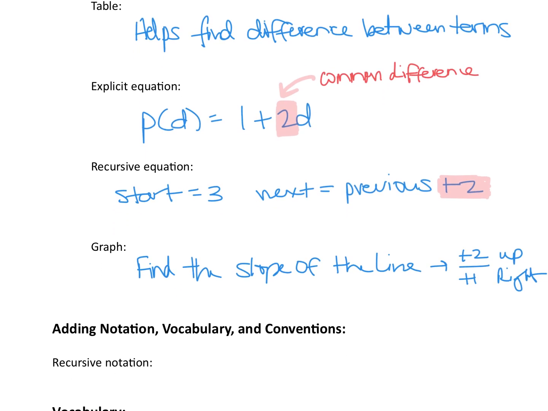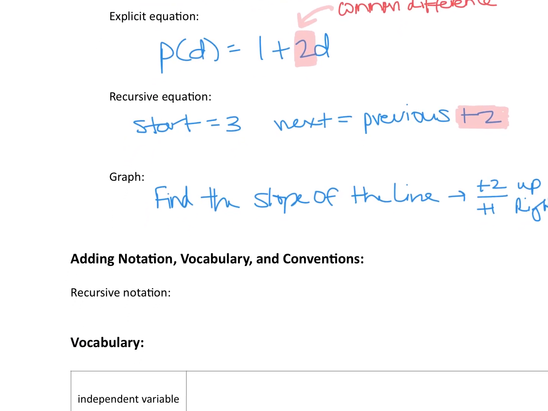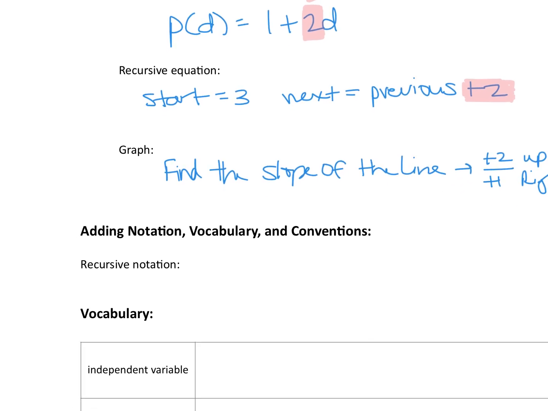We're going to add a little bit more notation and then 2 vocab. So the notation that we're adding is to flesh out the recursive equation right here that we haven't really turned into function notation yet, so we're going to do that right now. So I'm going to rewrite that recursive equation that we created.